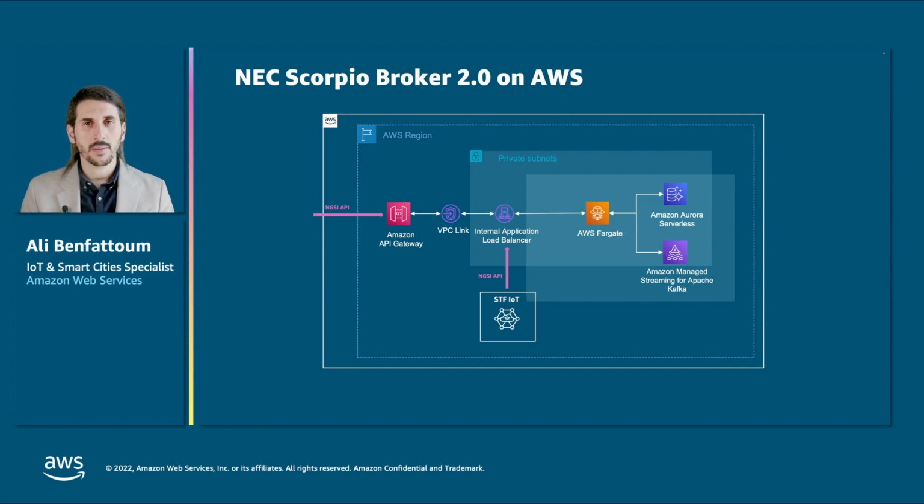We've worked with NEC Laboratories Europe to provide a scalable and available implementation of the NEC Scorpio broker on AWS, using serverless services like AWS Fargate to easily run and scale the NEC Scorpio broker container, Amazon Aurora Serverless to automatically start up, shut down, and scale capacity up or down for the PostgreSQL database used by the broker, and finally Amazon MSK Serverless to make it easy to run the Apache Kafka used by the broker without having to manage and scale cluster capacity.